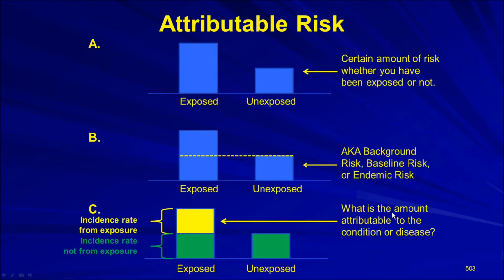So what is the amount attributed to the condition or disease? That would be this amount, or 10.6, right? Because we subtracted this 17.4 from 28.0, and so we came up with 10.6, and that was the attributable risk per 1,000 per year. So this is the amount attributed to engaging in smoking.